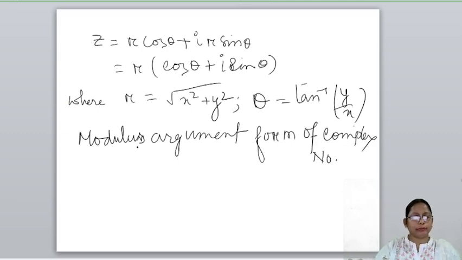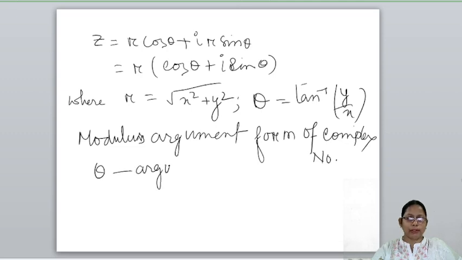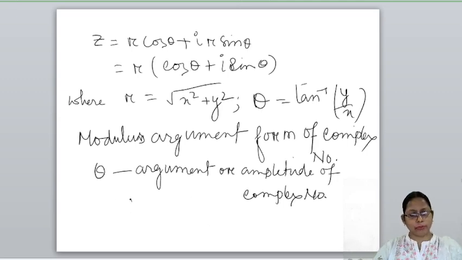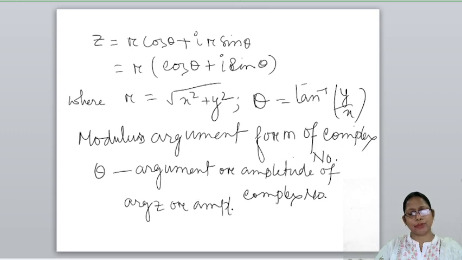Theta is known as the argument of the complex number, or amplitude of the complex number, denoted by arg z or amplitude of z.